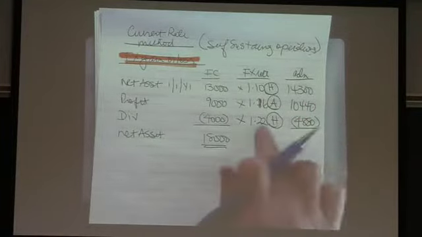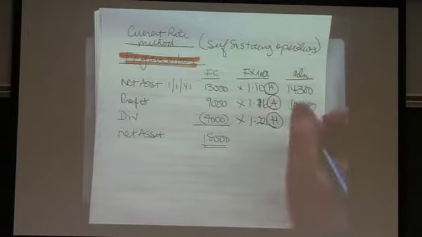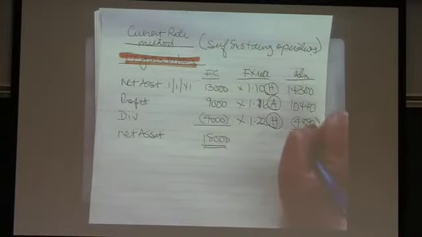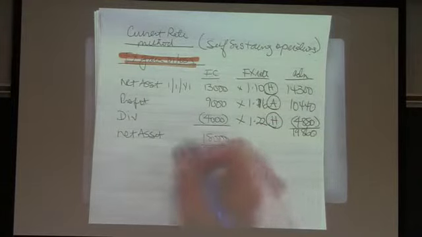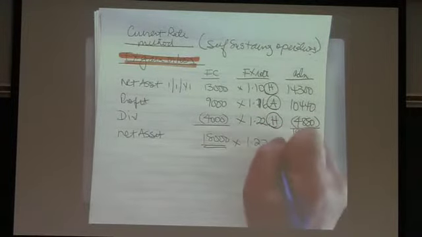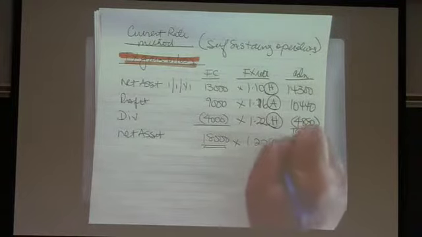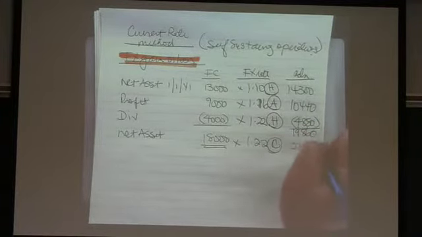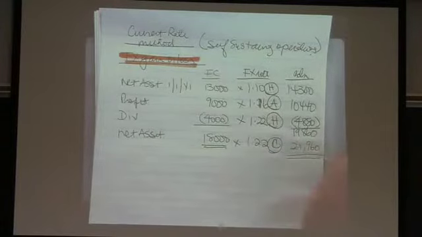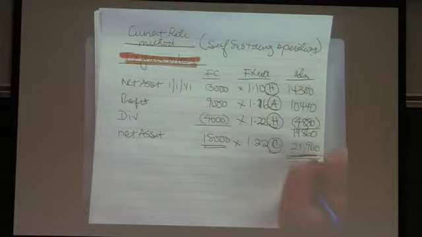So the net asset position should be 19,860 Canadian, but because we're holding the net asset when the exchange rate is $1.22, we should have a net asset of 21,960. So we have a foreign exchange gain.